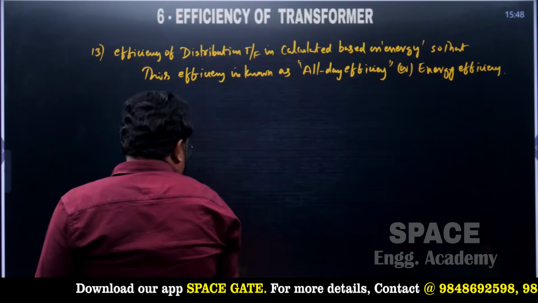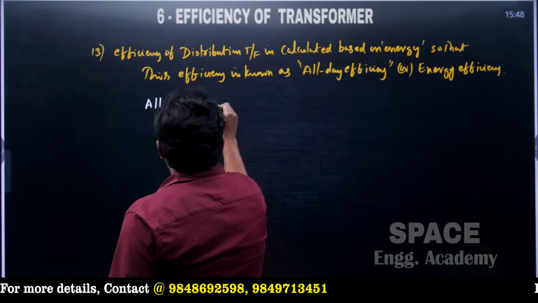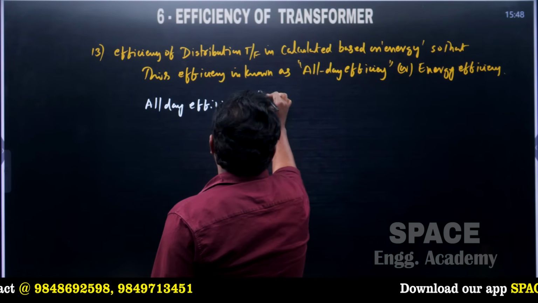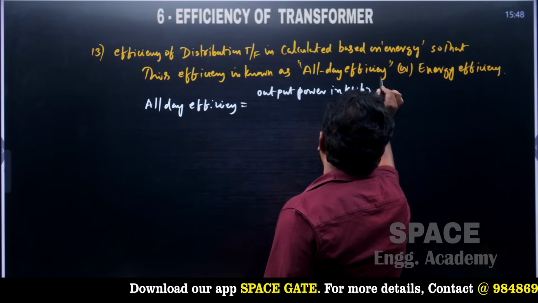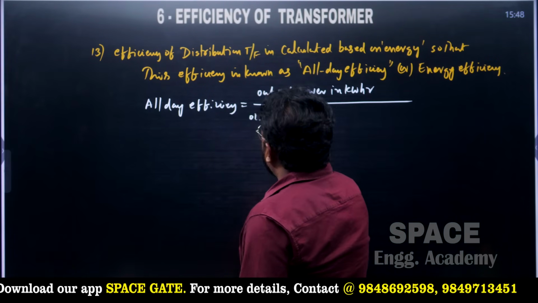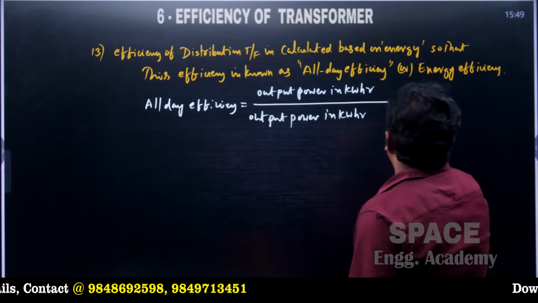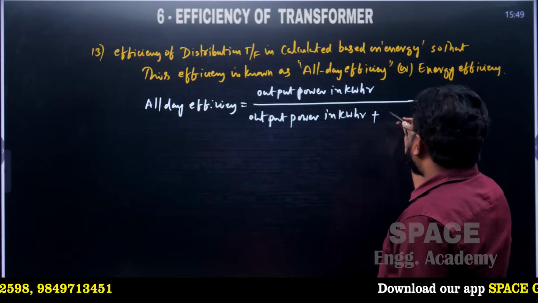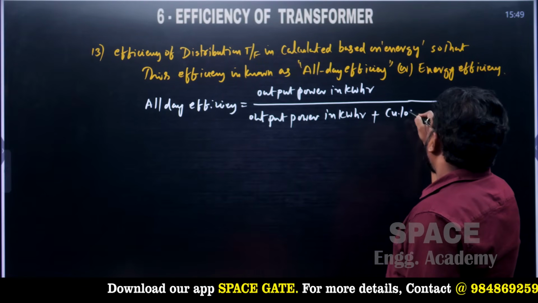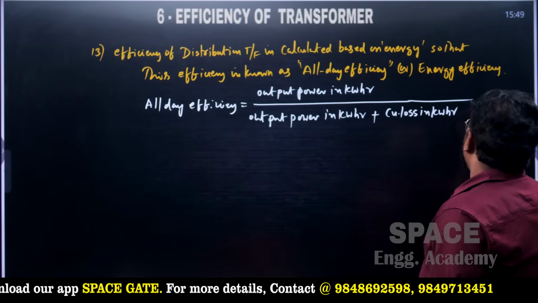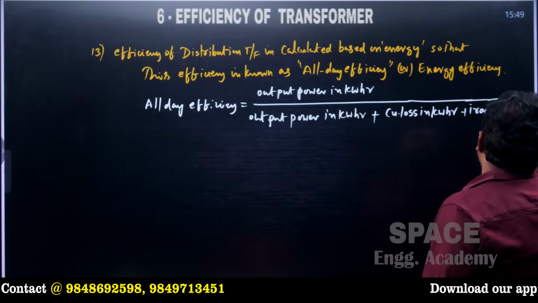And what is the formula to find all day efficiency? All day efficiency is equal to output power in kilowatt hour, divided by output power in kilowatt hour plus copper loss in kilowatt hour plus iron loss in kilowatt hour, multiplied by 100.